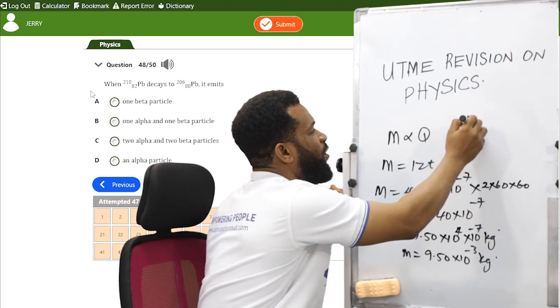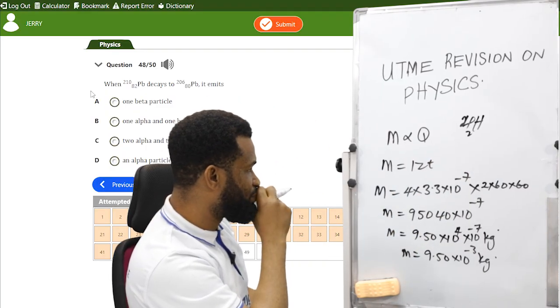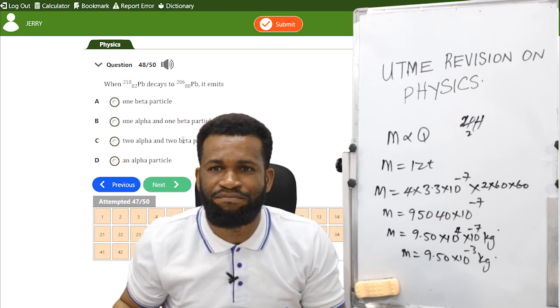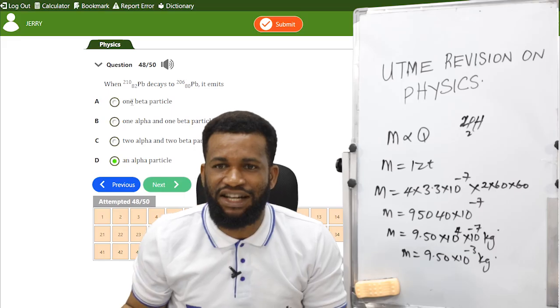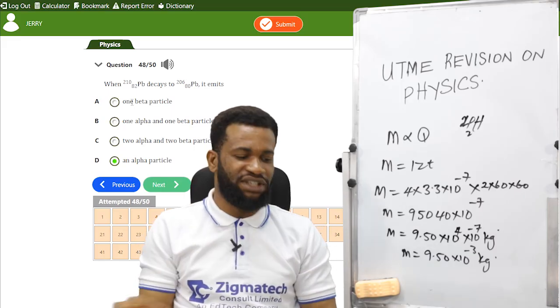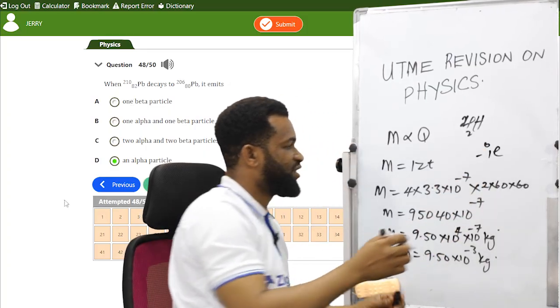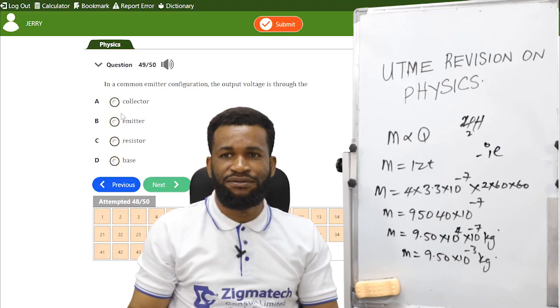Helium is 4, 2. So that is an alpha particle. Yes, an alpha particle is the right option. It's not beta. When we talk about beta, we are talking about 0, minus 1. This is an electron.